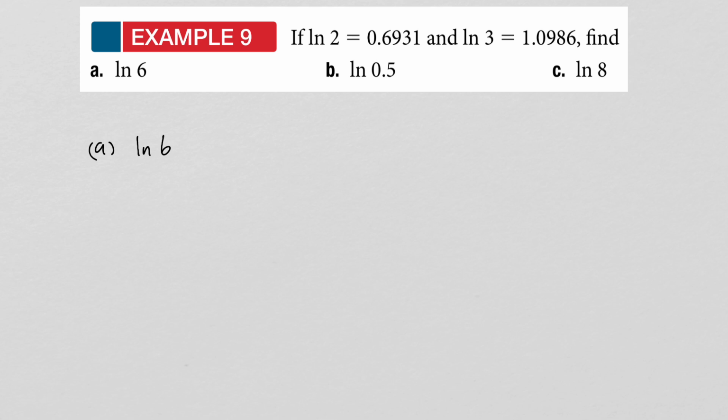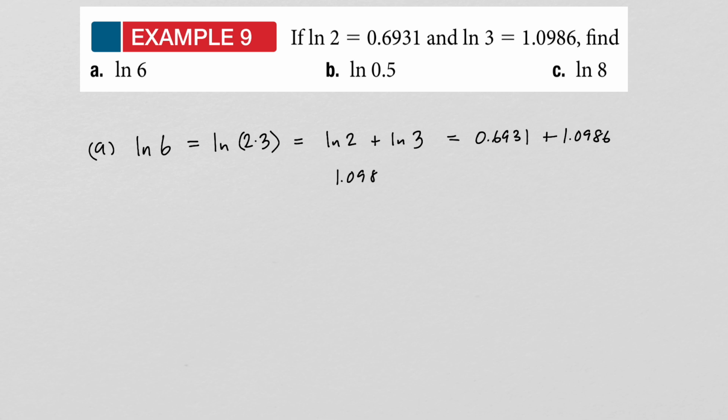of 6? Well, it turns out we can, because we know that 6 is 2 times 3. So the natural log of 6 is the natural log of 2 times 3. Using properties of logarithms, this is the natural log of 2 plus the natural log of 3. The natural log of 2 is 0.6931, and the natural log of 3 is 1.0986.